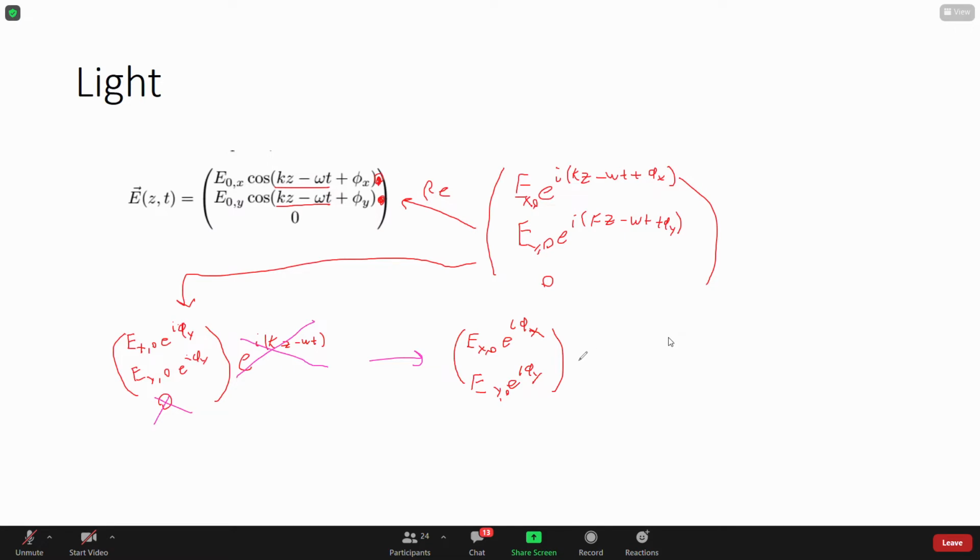And we can go even a little bit further, right? Because if we now say we have one photon, let's do the one photon assumption here, then we know that the energy is fixed. In other words, we have essentially that Ex squared plus Ey squared has to be a constant, right?